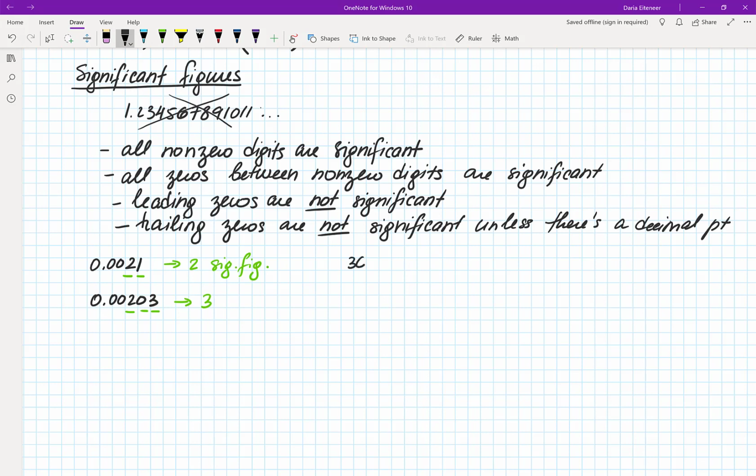Something like this. Trailing zeros are not significant, but these numbers are. And let's say something like this. So these trailing zeros are all significant because there is a decimal point.